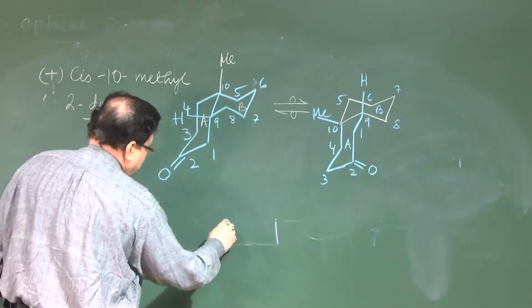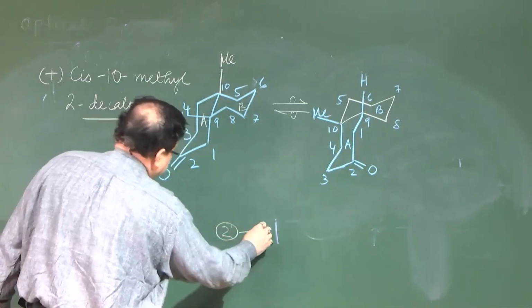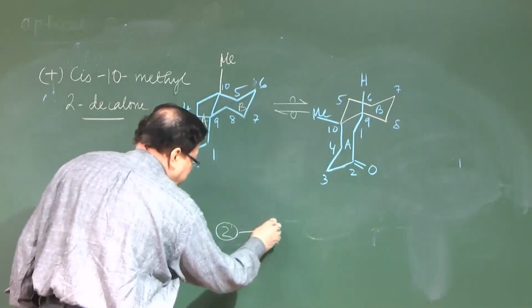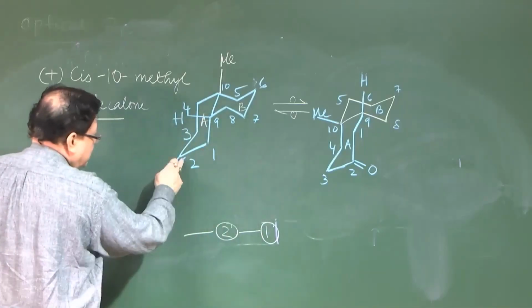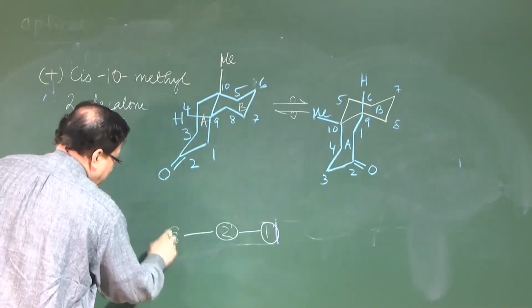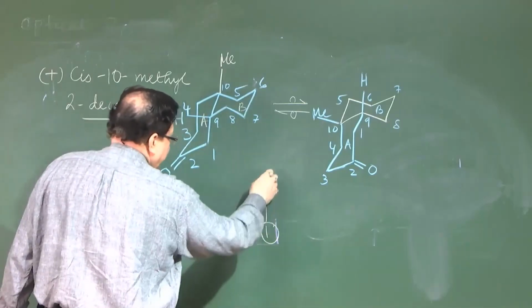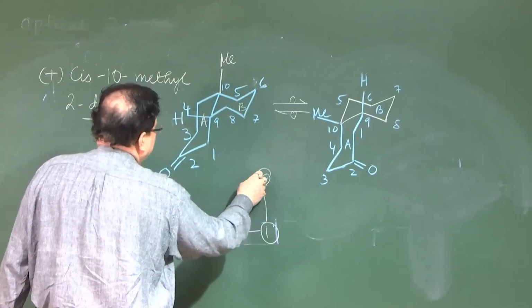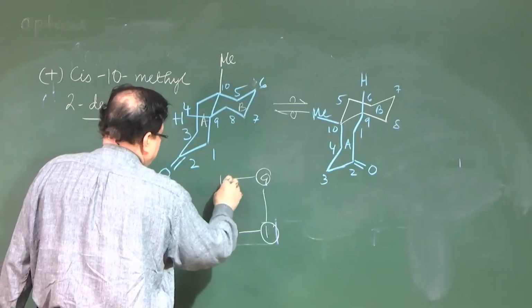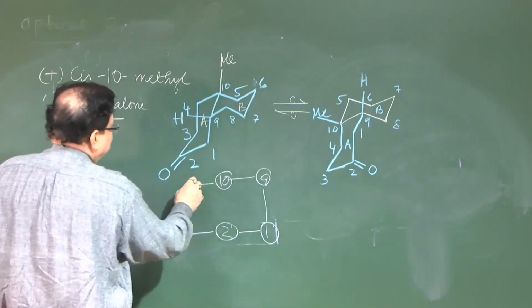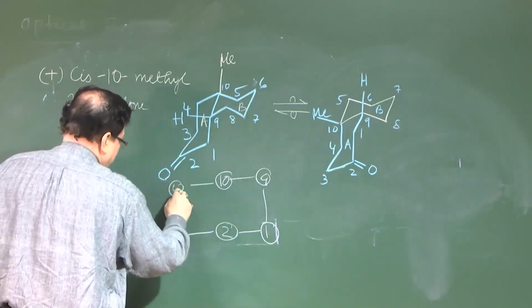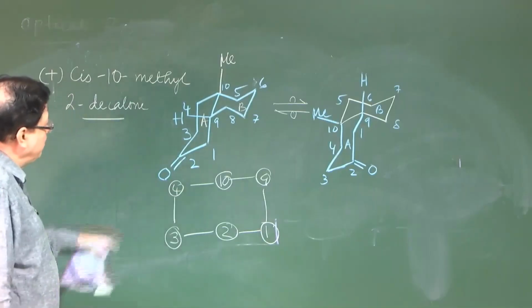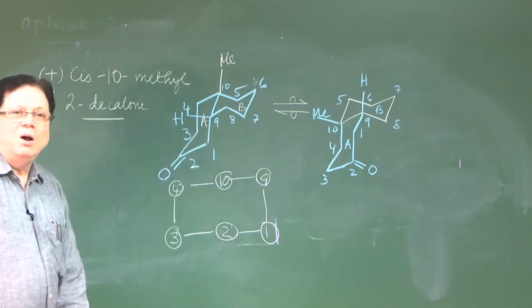This is your 2 carbon, this on the right side will be 1, whatever you are seeing is correct, because it is occupying the head of a chair. This is 3, and then 1 goes to 9, 9 goes to 10, 10 goes to 4, and this. Okay. So, you have completed the projection of A ring.